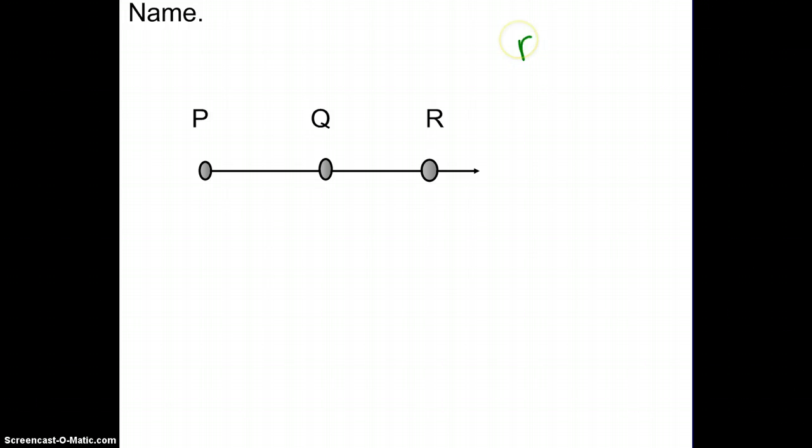Now this happens to be a ray. I can tell it's a ray because it has an arrow that continues on in one direction and it has an end point. To name this, the end point has to be part of the conversation, and then you have to have a second point that happens to be on there. Your marking is going to look like this.